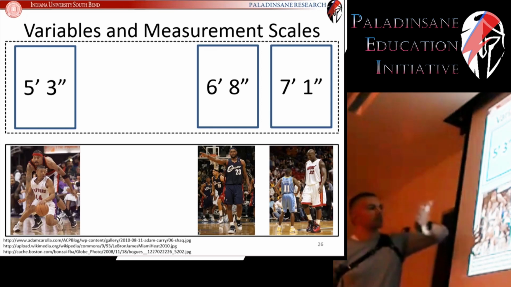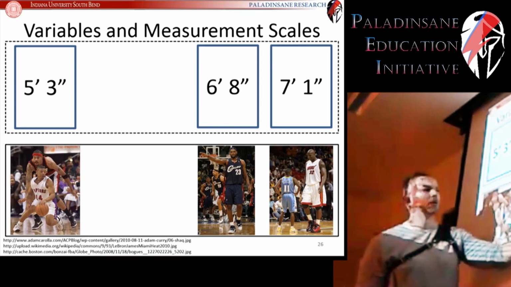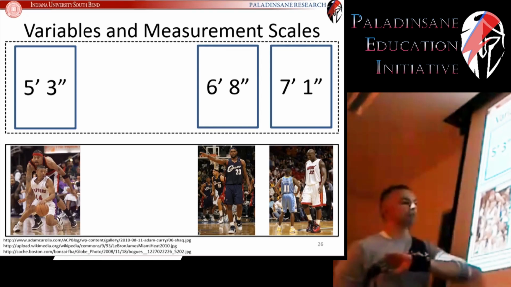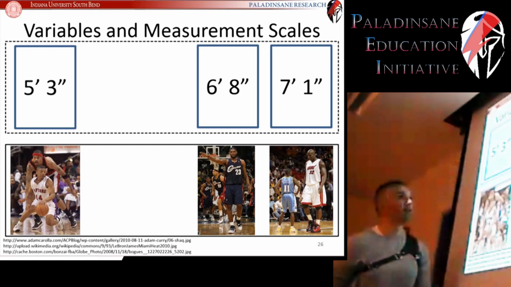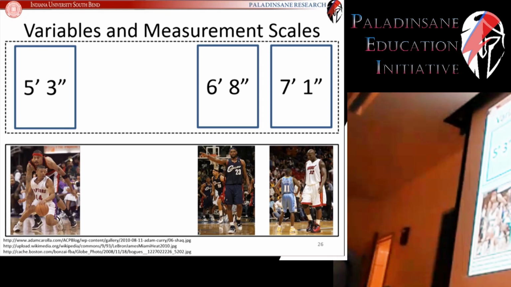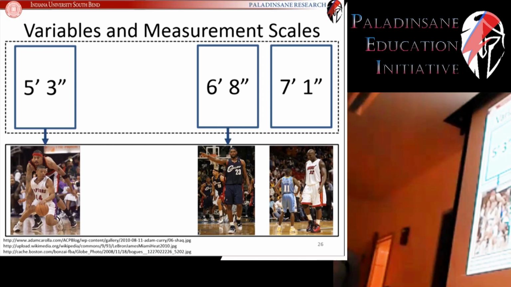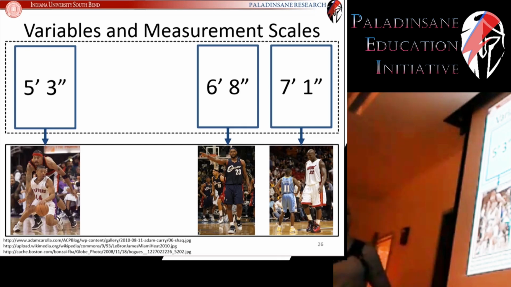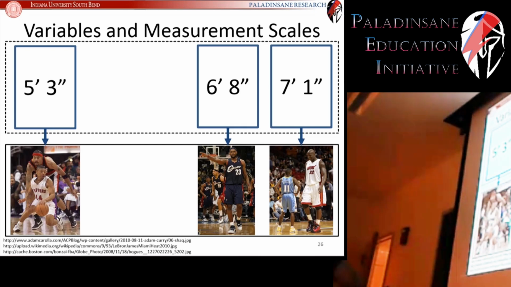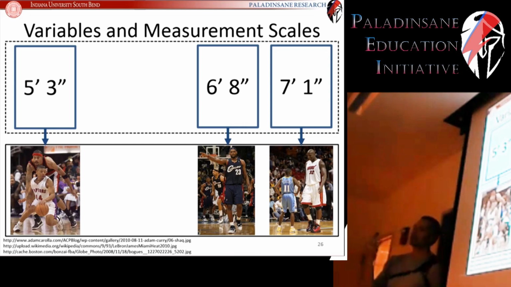Importantly, the distance between the true heights of Muggsy Bogues, LeBron James, and Shaquille O'Neal is reflected in the distance between their measured scores. We're going to see that this parallel structure between the measured score and the true scores leads to very powerful measurement scales.